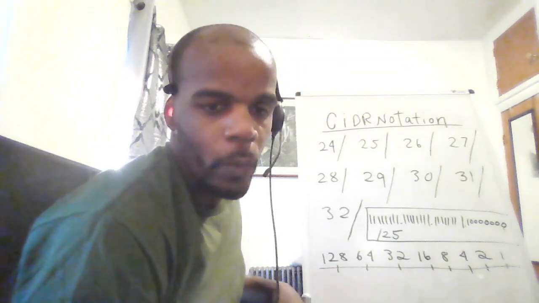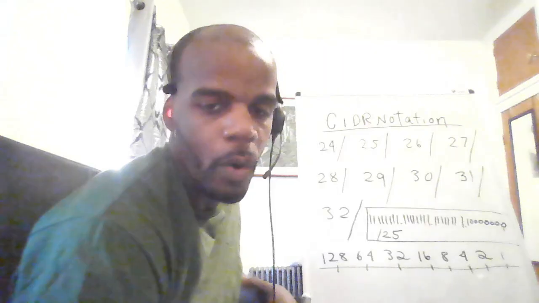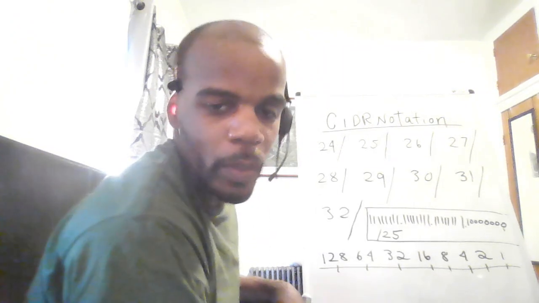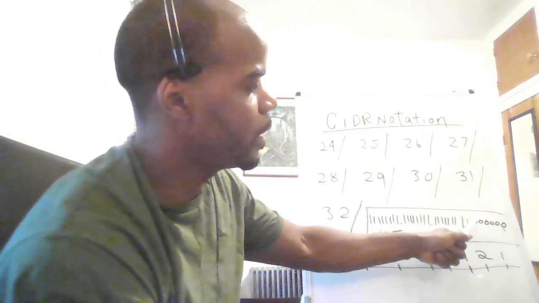So remember, when we're counting our block sizes, we're always referring to this chart. So a slash 25 will be a block size of 128. If it was 26, it'd be one more bit on, and that'd be a block size of 64.